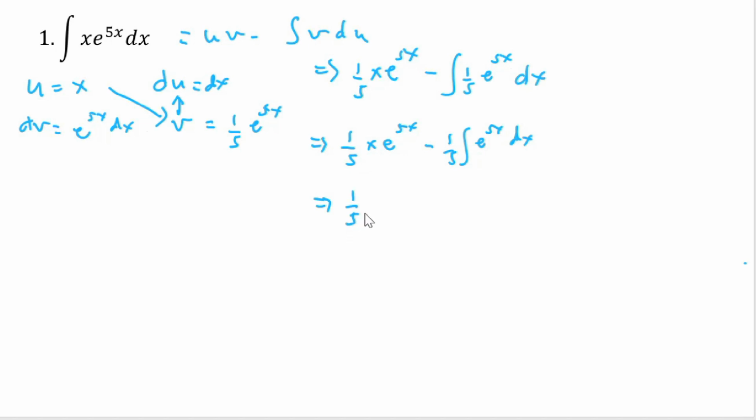Again the first term, 1/5 of x e raised to 5x, minus 1/5 times the integral of e raised to 5x dx, which is equal to 1/5 of e raised to 5x plus a constant. So finally, we have 1/5 x e raised to 5x minus 1 over 25 of e raised to 5x plus a constant.